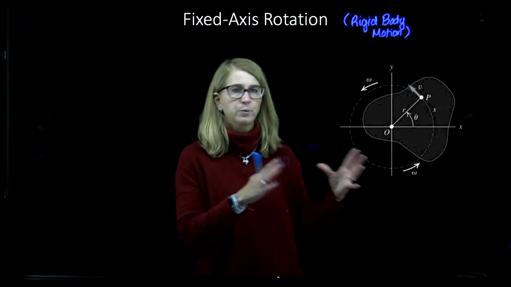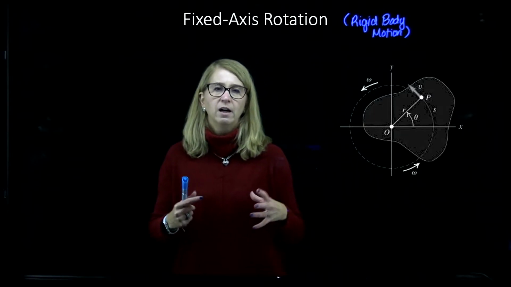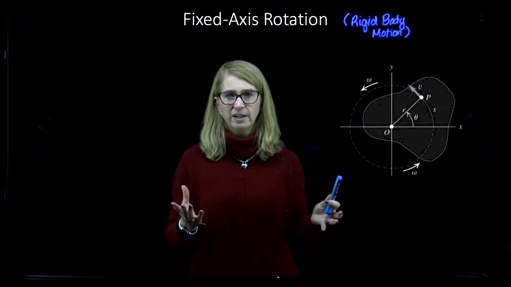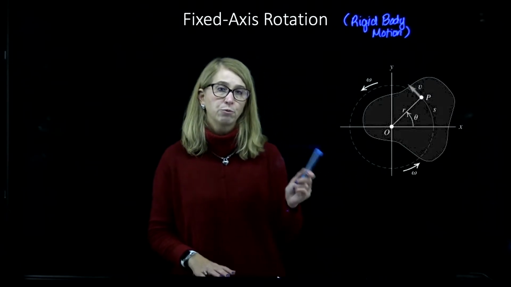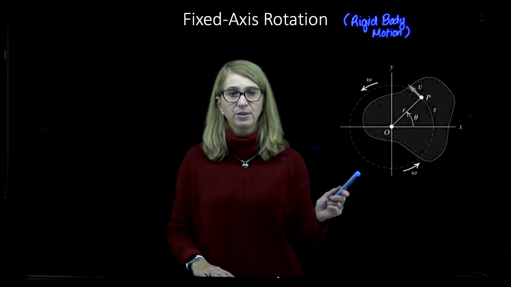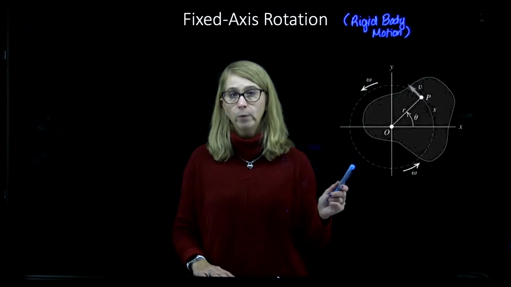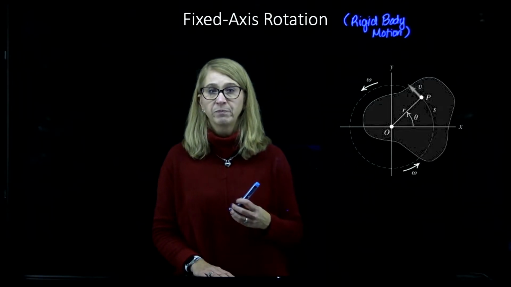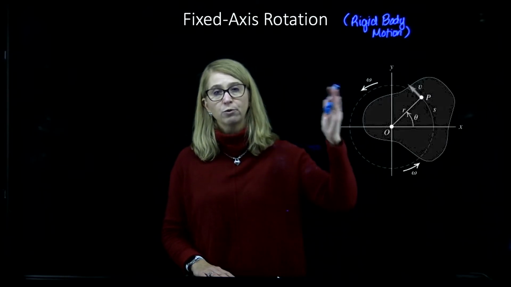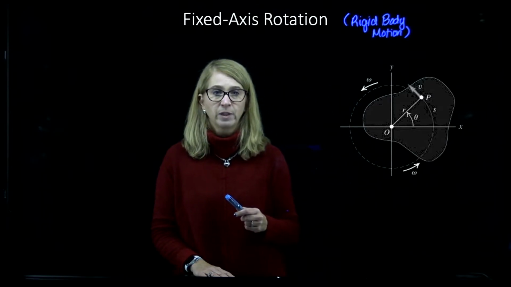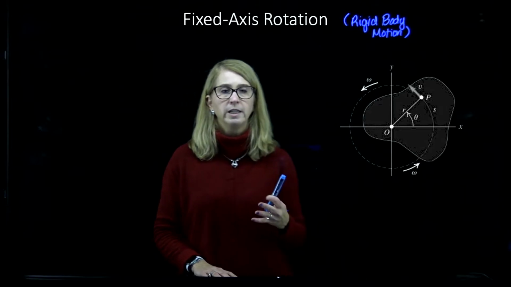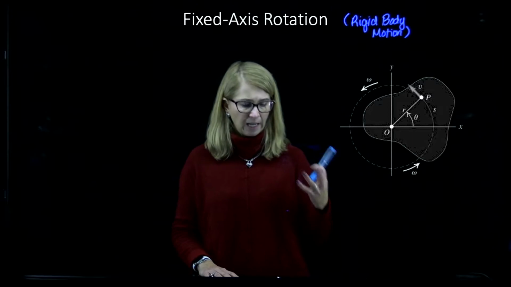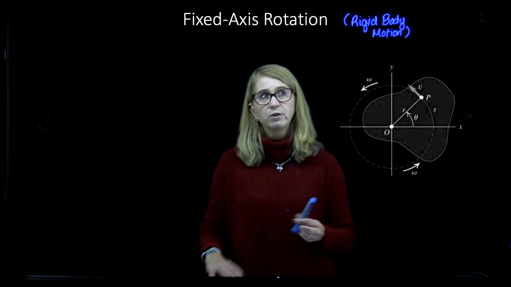And so in this picture right here, we have a very amorphous type object. It doesn't have any definite shape, but it is rotating about the origin. So the axis is passing through point O. The axis would be perpendicular to the plane of the screen. And the whole thing is rotating about that axis. So notice some of the quantities that are labeled here in this picture. For one, how do we measure distance or displacement?